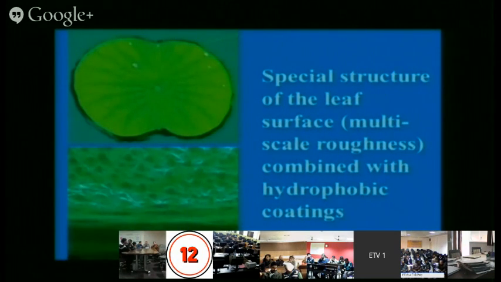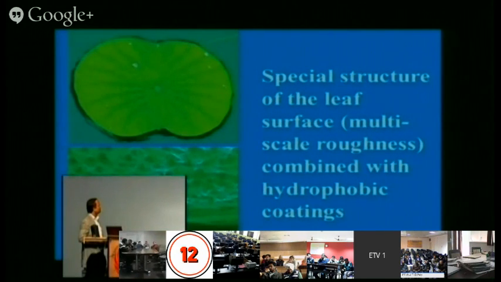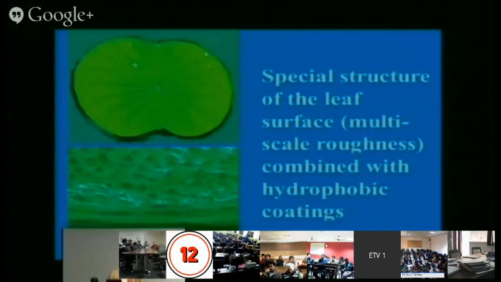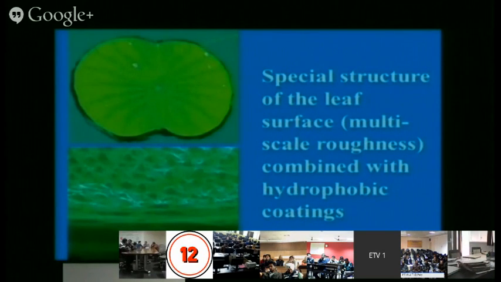A small portion of this lotus has been taken, magnified and seen through the microscope. So what is the surface topography of the lotus which brings the characteristic of water coming in contact and becoming spherical? The texture is there: small dimples and protrusions outside.